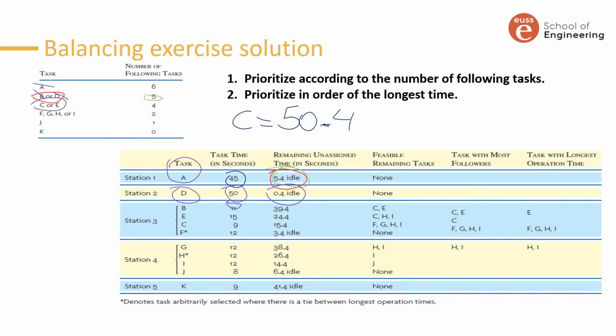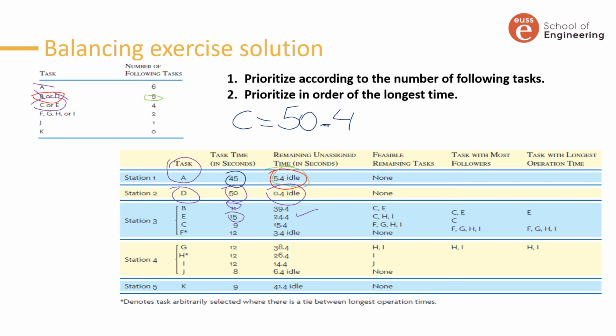Of course, task E. So as you see here, we assign task E. So up to this moment, we completed the time of this workstation to 26 seconds. What remains for us? 24.4. So if again I have a task that fits less than 24.4, I can assign to this same workstation.